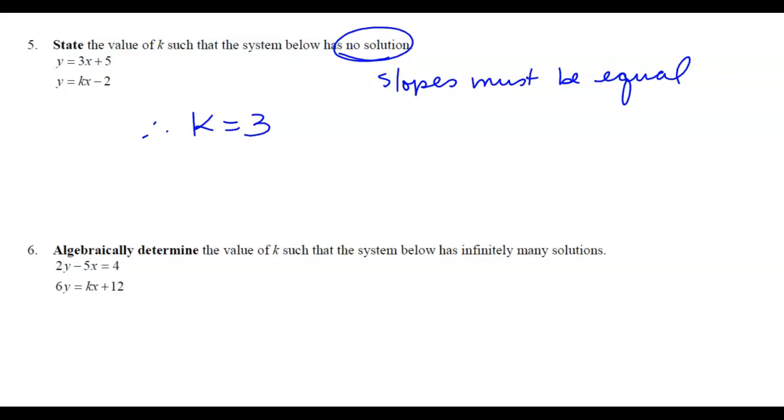So question 6 says, algebraically determine the value of k such that the system below has infinitely many solutions. Same line, right? This is one version of the line. This is the other version. So you could solve both for y. So if I do that, so basically get them in slope-intercept form.